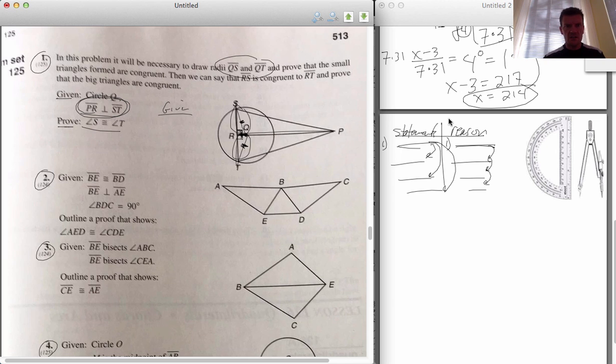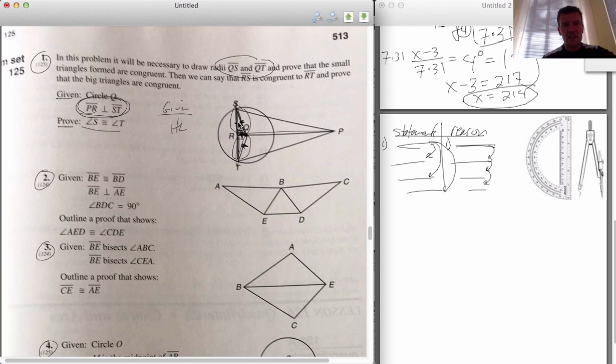Okay, I think these two small triangles would be congruent because they're both right triangles, and we have the hypotenuse and a leg congruent. So hypotenuse leg is a theorem for congruent triangles. That's only true for right triangles. So we've got these two small triangles now congruent to each other.